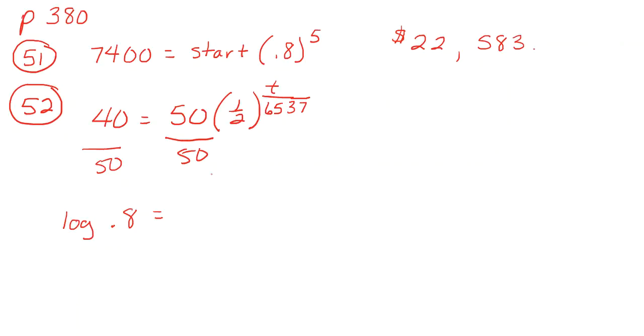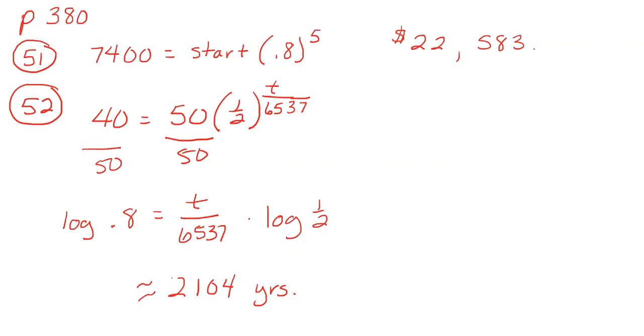Just do the log of both sides, pulling the exponent out in front, t over 6,537 times the log of 1/2. So if you do those logs, divide them out, multiply both sides, you end up with 2,104 years, rounded off to the nearest year.